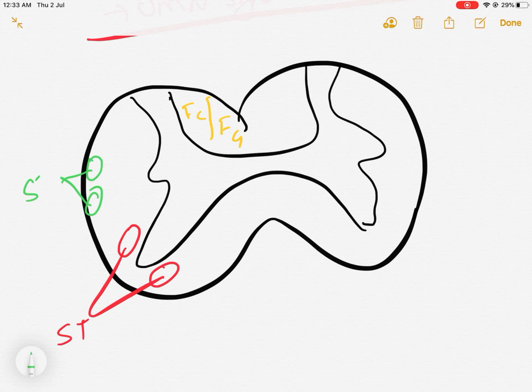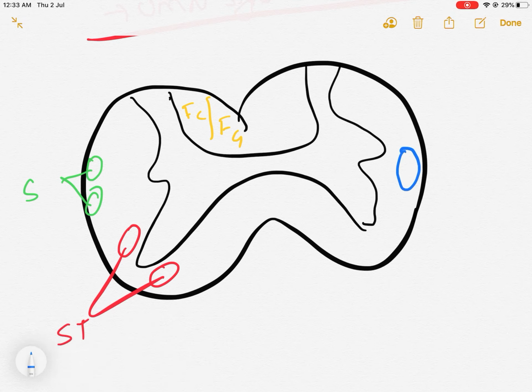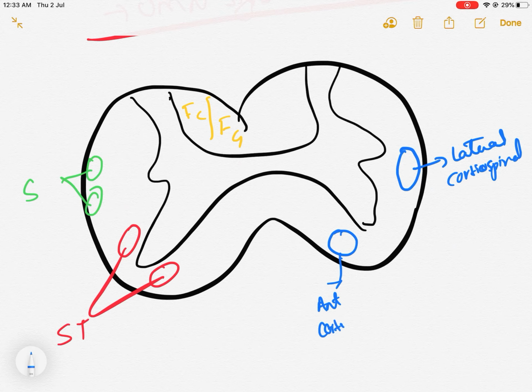These are spinocerebellar, ventral and dorsal. Okay. Now the main tract here, this is lateral corticospinal, this is anterior corticospinal.